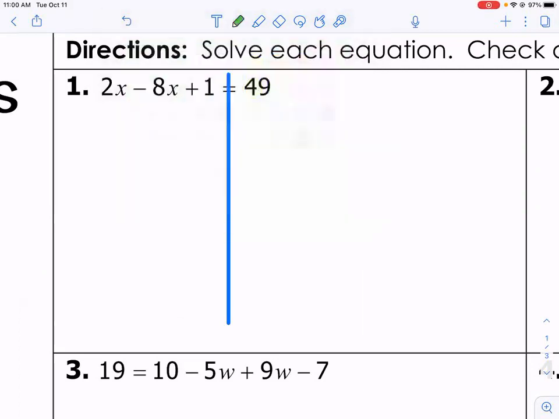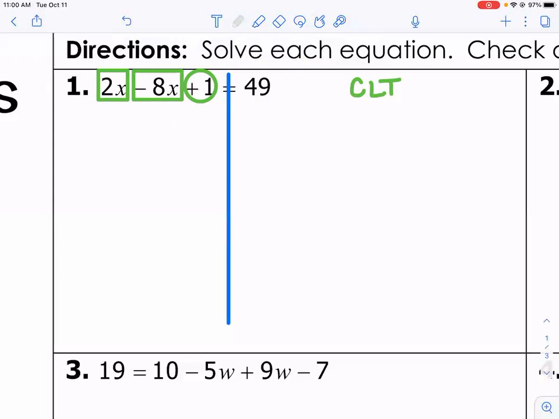So then our next thought: do I need to combine like terms? I do. My right side, we're okay, aren't we? On the right side, yes, but on the left side, we're not. I have 2x minus 8x plus 1.